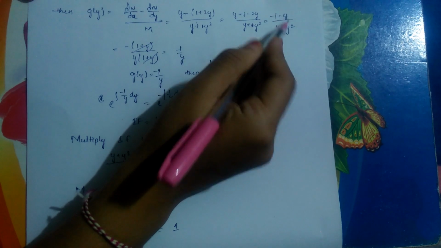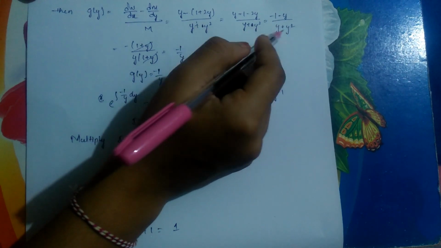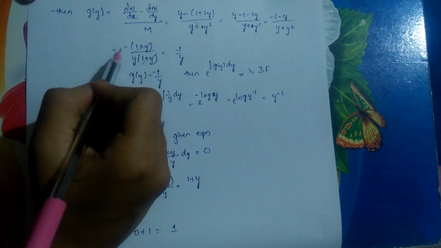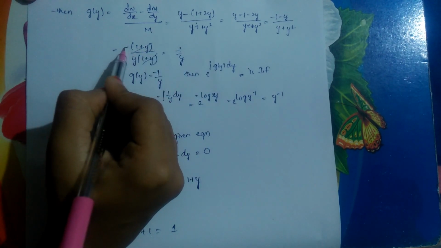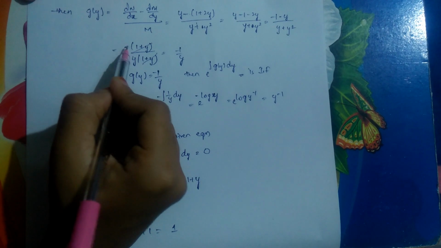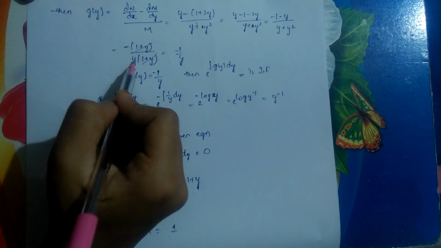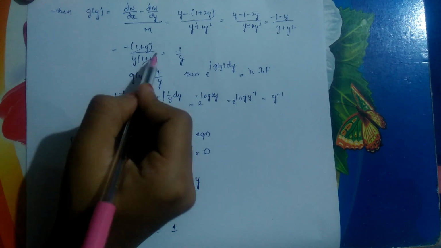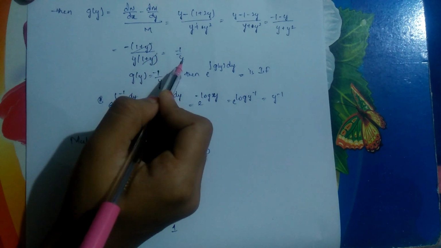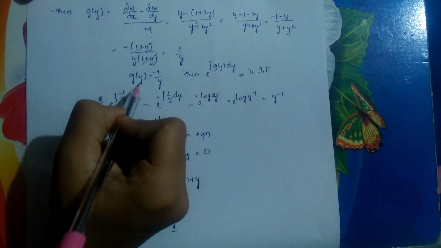So (minus 1 minus y) by (y plus y square). So in the denominator we can take y common, and in the numerator also we are taking minus common, so that becomes minus (1 plus y) divided by y (1 plus y). So 1 plus y gets cancelled, and we get minus 1 by y. So this is the function g of y.